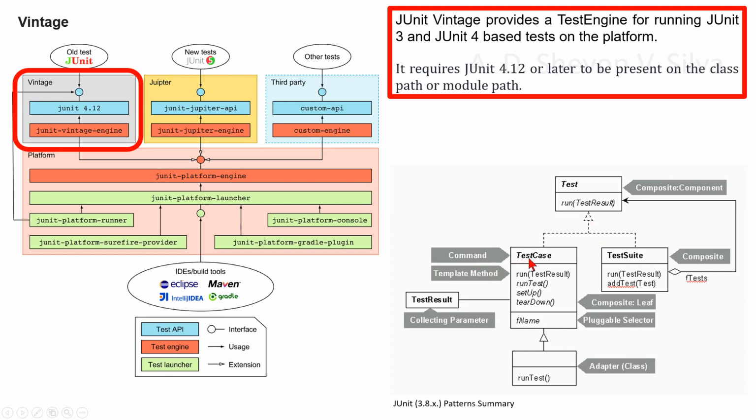TestCase has the command pattern, template pattern, composite leaf, and pluggable selector. And TestSuite has a composite, and it has the run method and addTest method. TestSuite is a composite of tests. TestCase has the run method, runTest, setUp and tearDown, and pluggable selector fName.